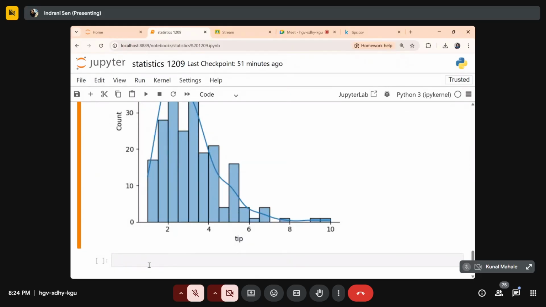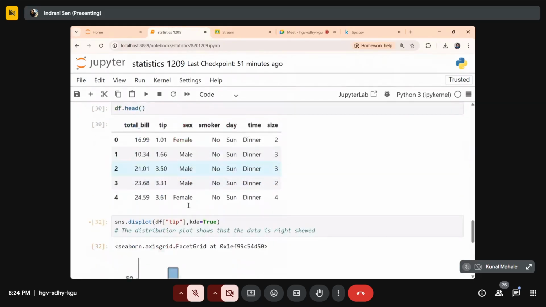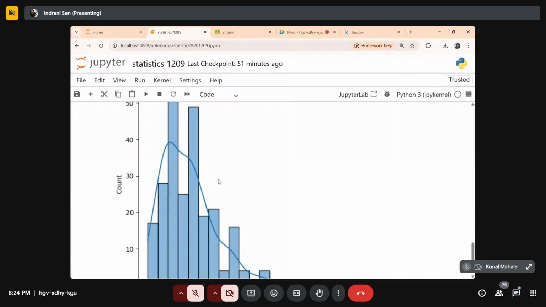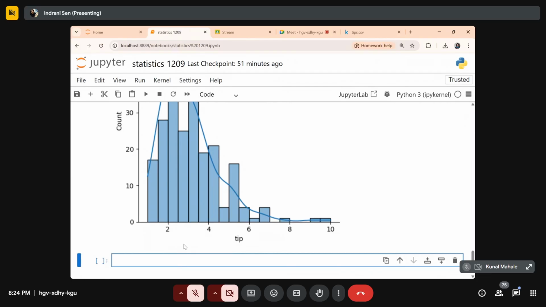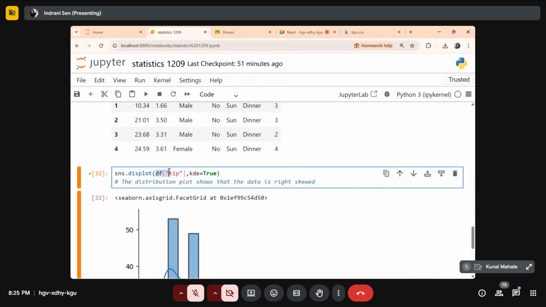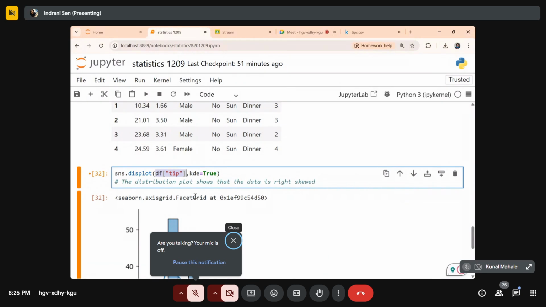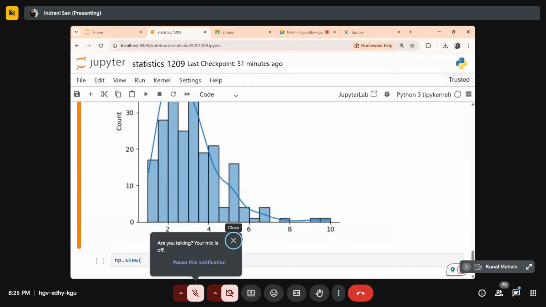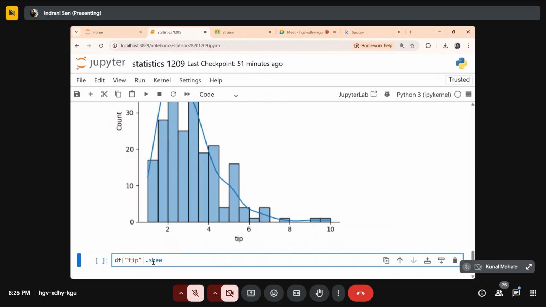So you can actually calculate the skewness here also. Use pandas and get the data, like df tip, for example. Or you can write df tip.skew also. Just write df tip.skew, and it will give you the skewness of this data.